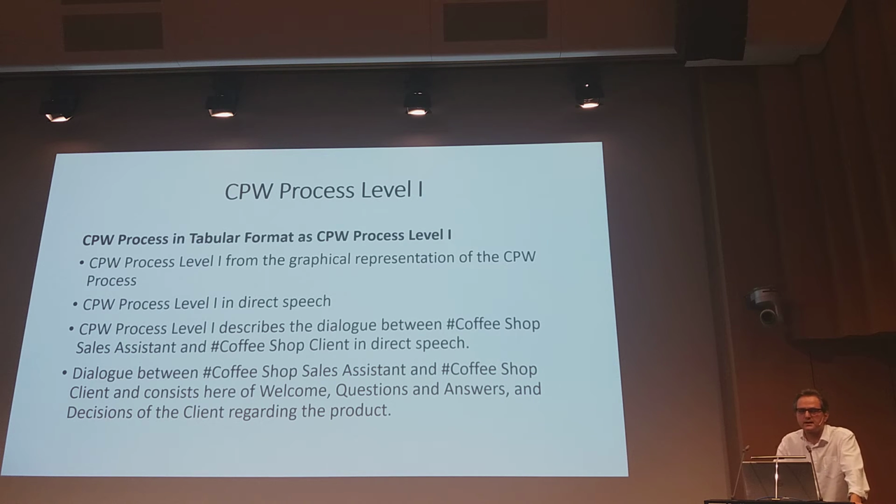The CPW process level 1 is, as said before, in direct speech, and it describes a dialogue between hashtag coffee shop sales assistant and hashtag coffee shop client in direct speech. The dialogue consists here of welcome, questions and answers, and decisions of the client regarding the product.